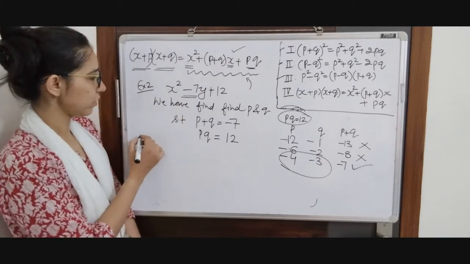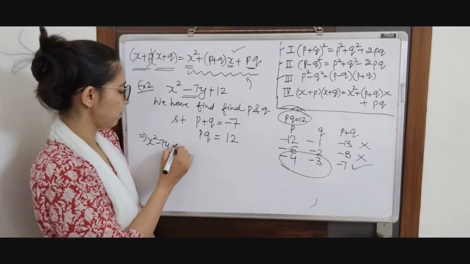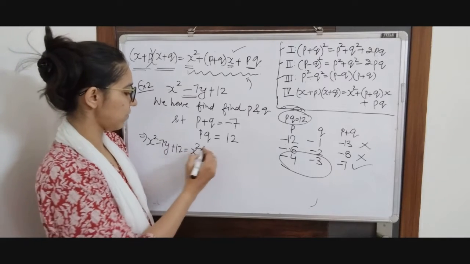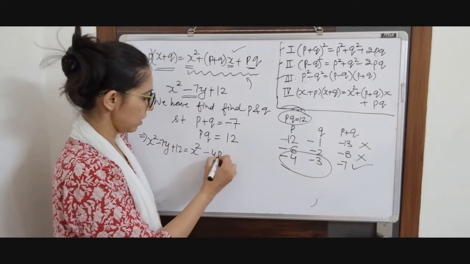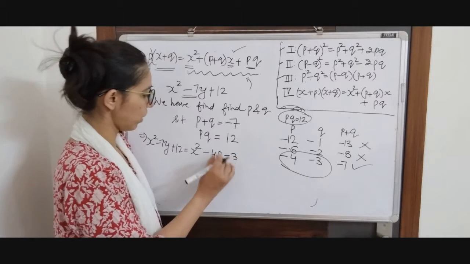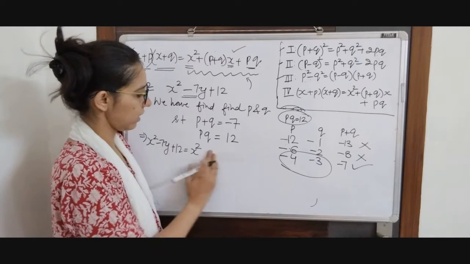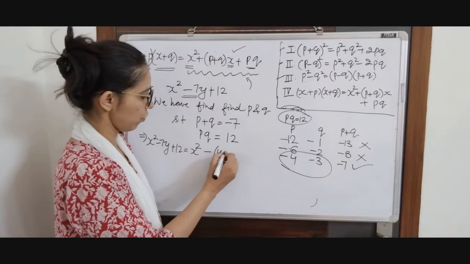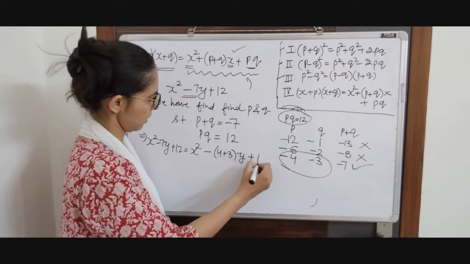So it implies our x square minus 7x plus 12 is going to be x square. Now we will write minus 7x as minus 4x minus 3x, plus 12.